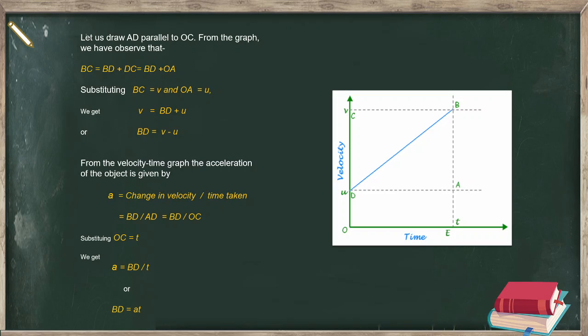From the velocity time graph, the acceleration of the object is given by a = change in velocity divided by time taken = BD/AD = BD/OC. Substituting OC = t, we get a = BD/t, so BD = at. By using this equation, we get v = u + at.